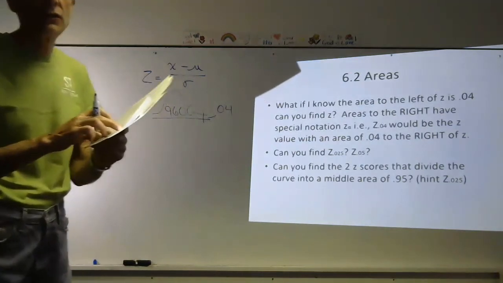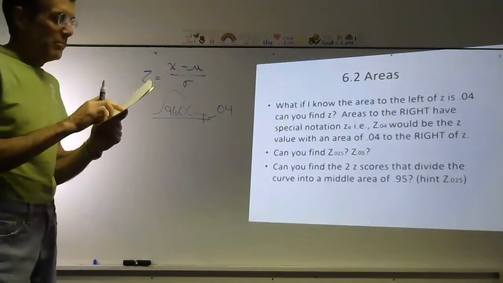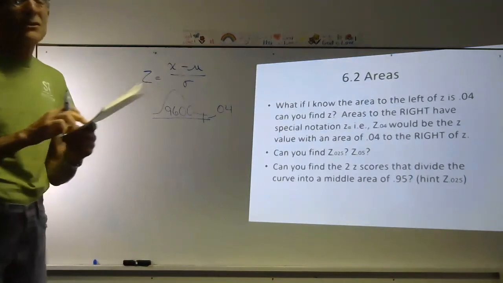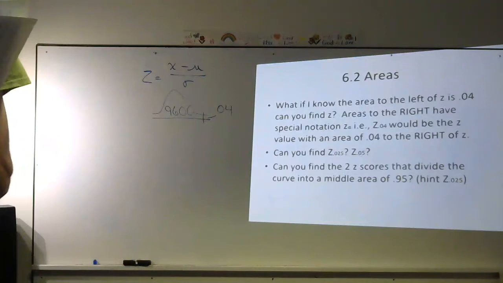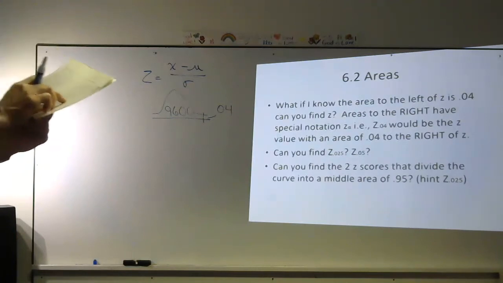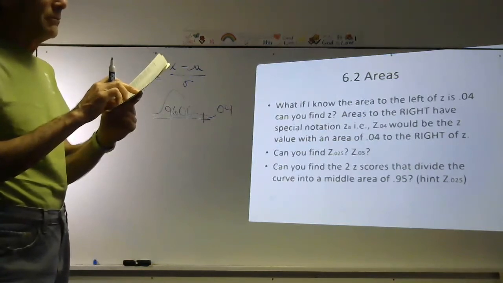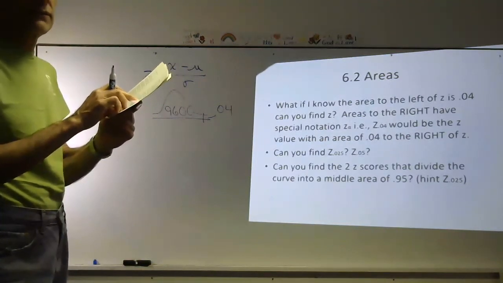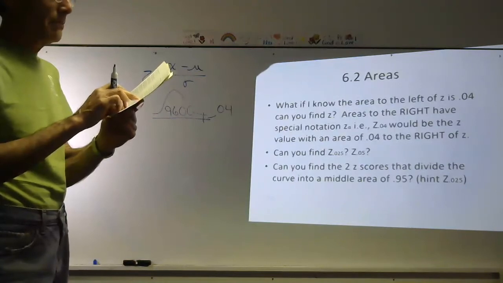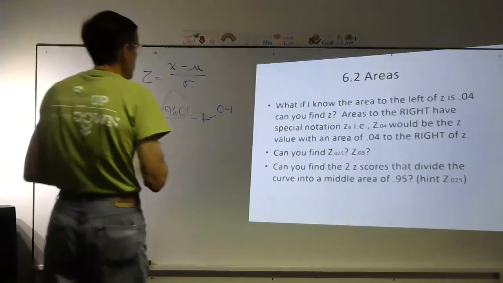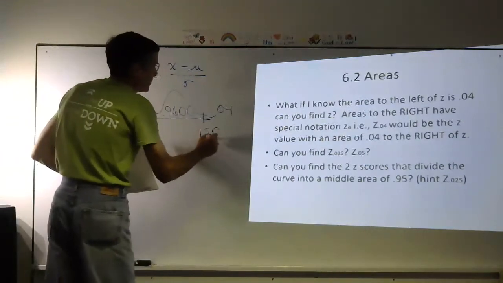Hopefully this is not too annoying. 0.96 is either 0.9599 or 0.9608, okay? And I think you would agree with me it's closer to 0.9599, so the z value has to be 1.75. Everybody with me? 1.75 is this z value.